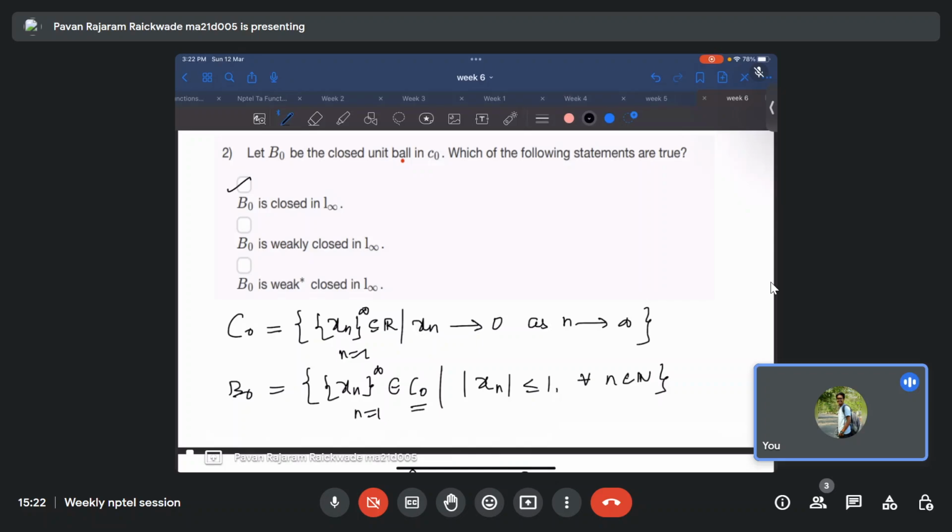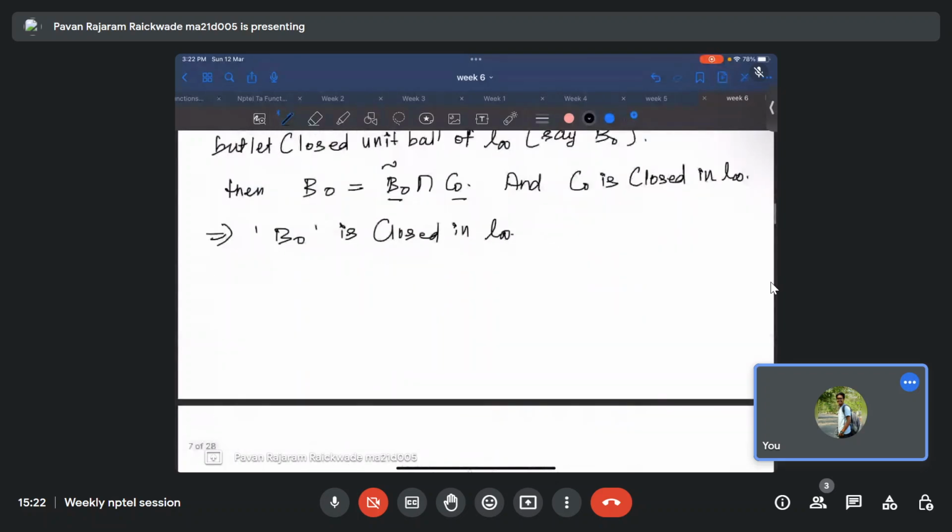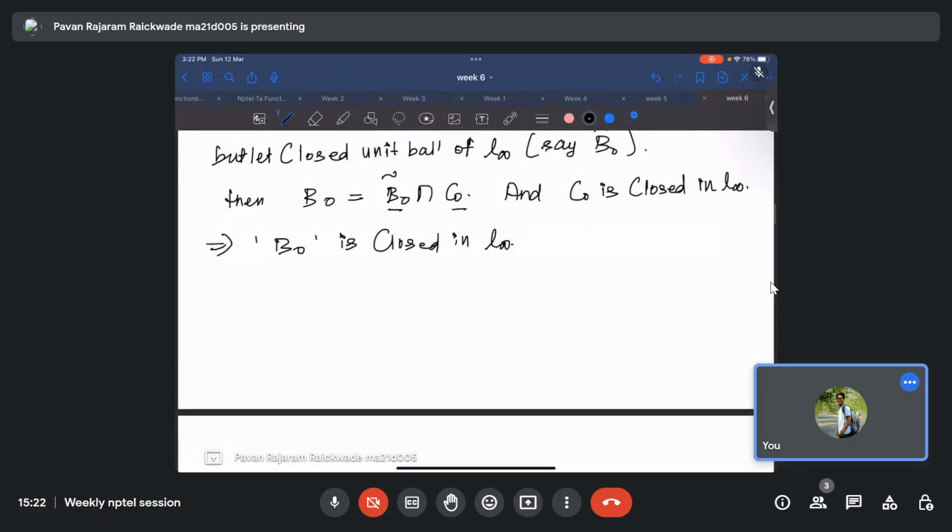Second thing is B naught is weakly closed in L infinity. Actually, last time also, I think we have seen this theorem: let C be a convex subset of X, where X is a normed linear space.